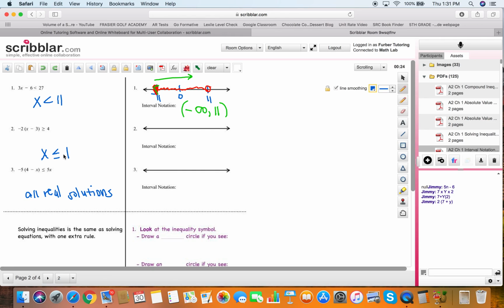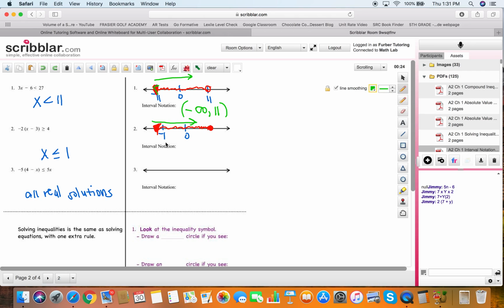Okay? So this one we had 0, 1, and -1. And the graph had a closed circle this time because it says or equal to, but it still went over this way to the left. Again, interval notation requires that we order them from left to right.